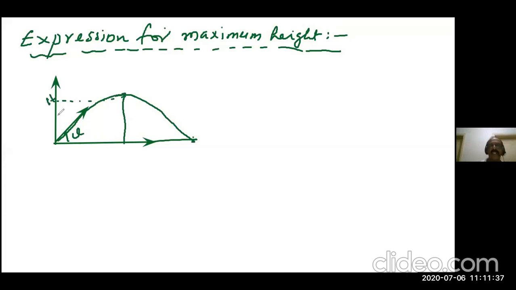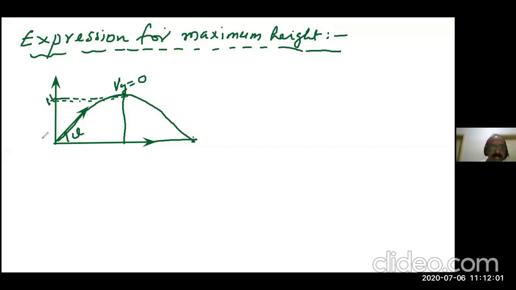At maximum height, vertical velocity Vy is equal to 0, but horizontal velocity is not 0. Do you follow?